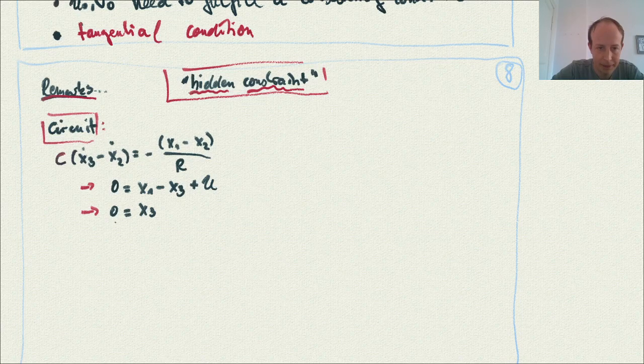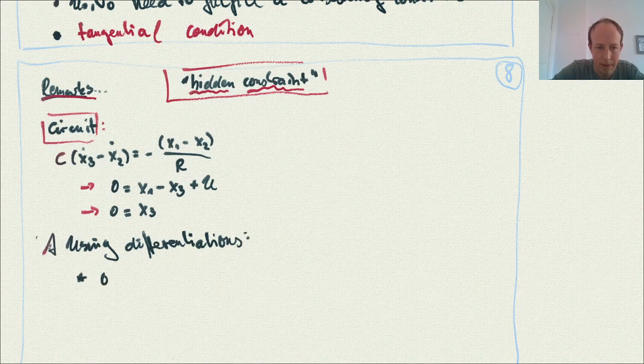The circuit. So yeah, this is about using differentiations, one reveals the hidden constraints.